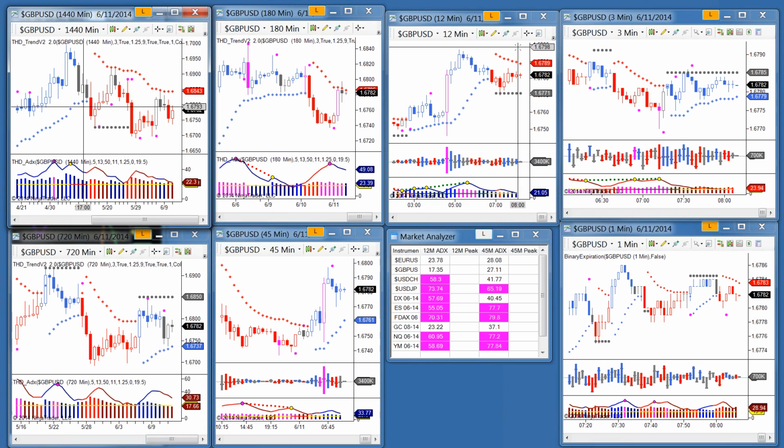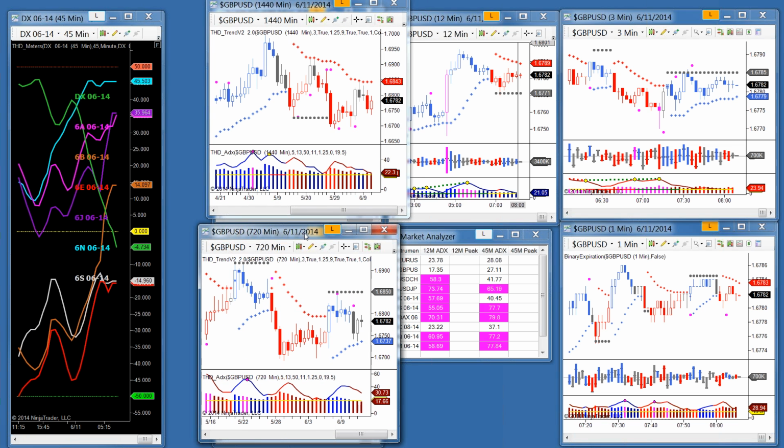Now, why do I trade the USD Swiss franc so often? Because it is not prone to the price spikes that the British pound US dollar and the euro US dollar are prone to. It's pegged to the euro and it will move normally with the euro, okay? If we go over and look at the meter, do you see how it mimics the euro?